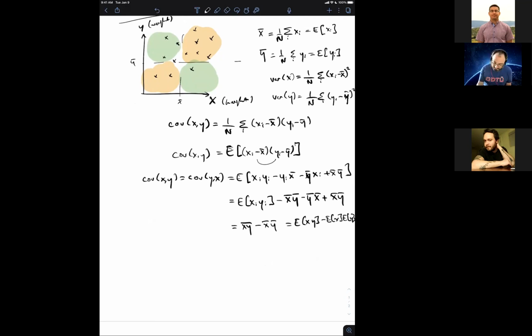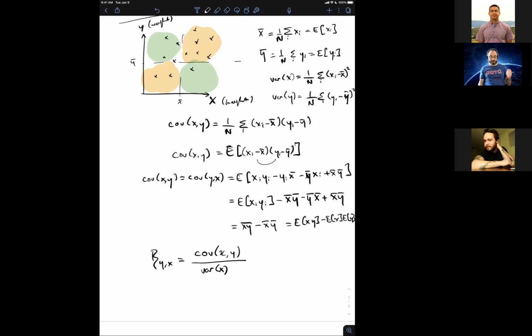Okay, so one way to do it is to scale the covariance by the variance of x. That's called the linear regression coefficient, and it's usually denoted by beta, and beta of y and x is the regression of y on x. As you'll see, the ordering of the variables in the regression coefficient is consequential, because it determines what goes into the denominator.